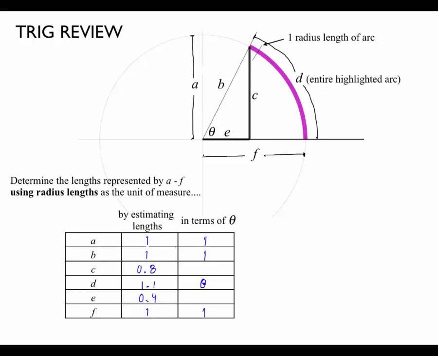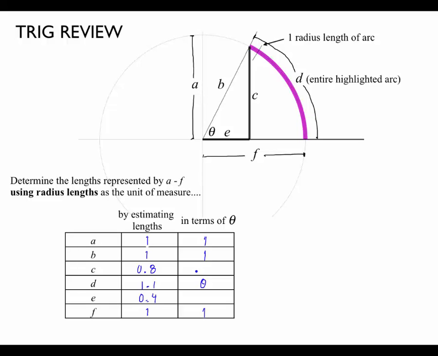That's where the measure of the angle in radians comes from: how many radius lengths the angle's rays cut off. So if that angle is theta radians, then this angle is cutting off theta radius lengths of arc length. That's how we define radian measure, by arc length measured in radius lengths.